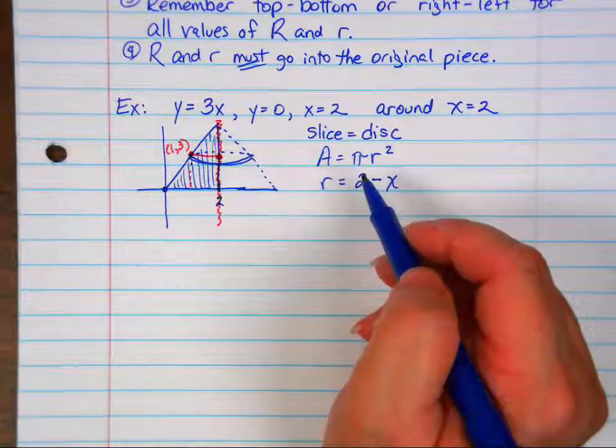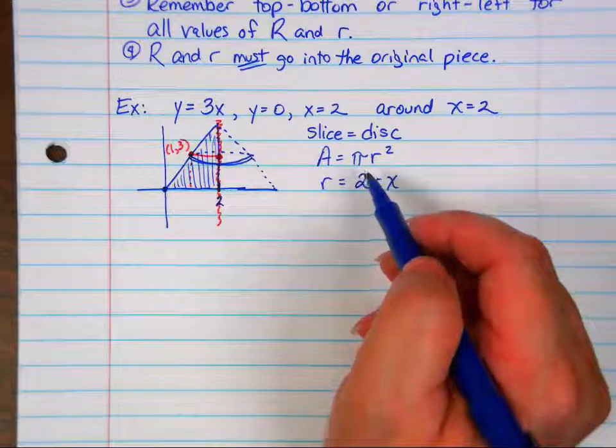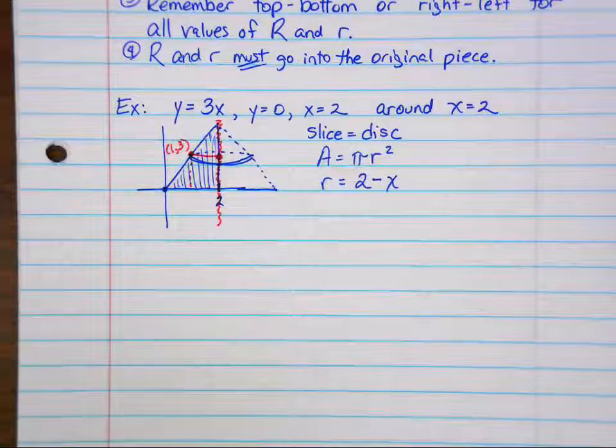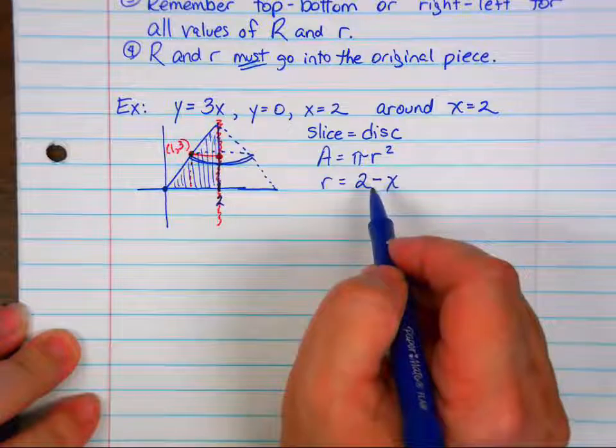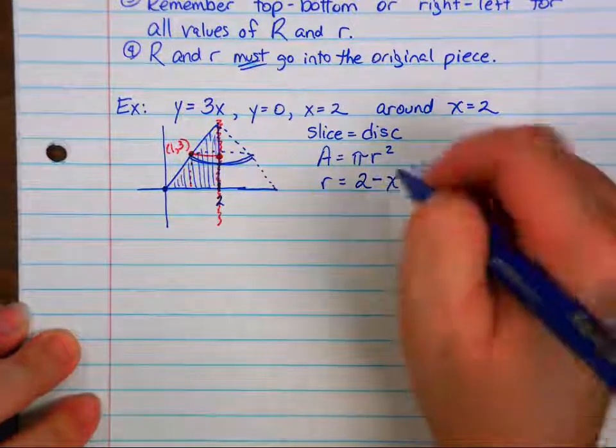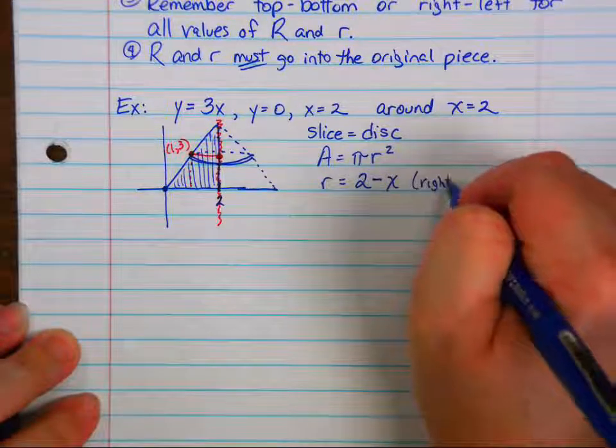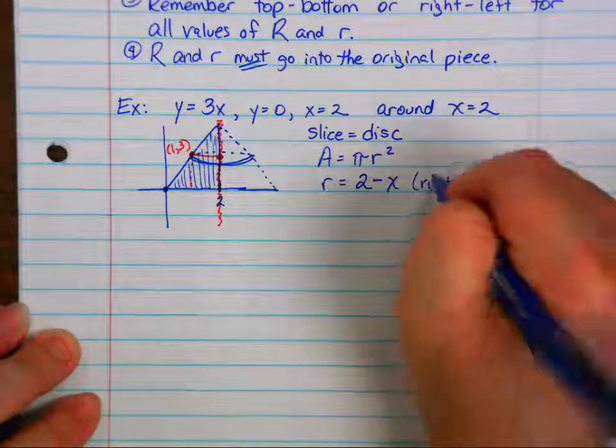And if you look back at your homework that you did yesterday, every time the radius went up and down, it was a y. And every time the radius went sideways, it was an x. Same rule applies here. If it's horizontal, it's going to have an x in it. If it's vertical, it's going to have a y in it. That's a good way to keep it straight. But you've got to remember that it's right minus left. So let's go ahead and write that down. Right minus left.